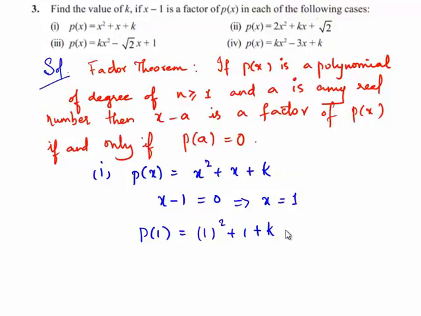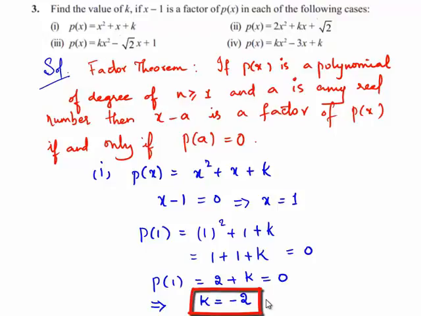This is equal to 1 plus 1 plus k. So by our theorem, p of 1 must be equal to 0 if x minus 1 is a factor. This gives p of 1 is equal to 2 plus k is equal to 0. That implies k is equal to minus 2.